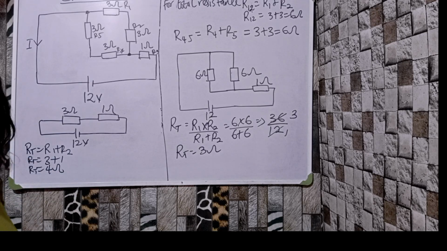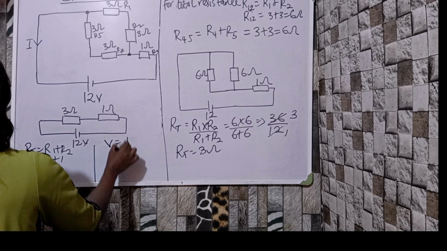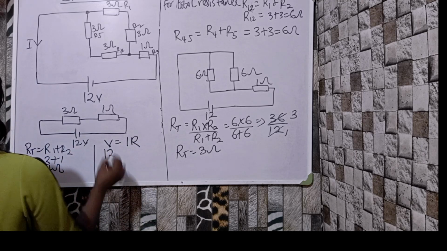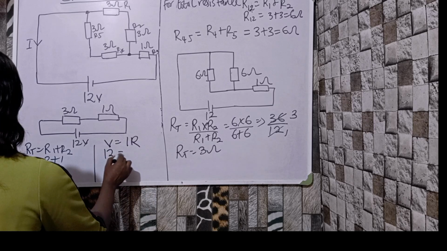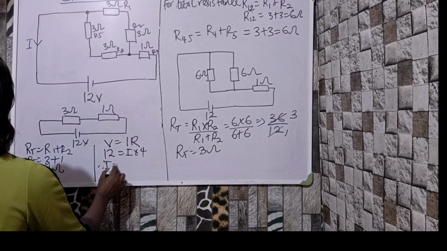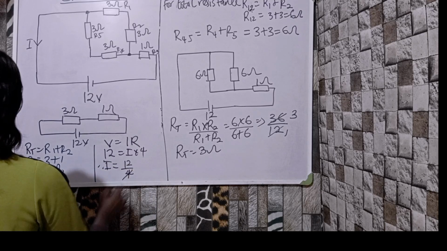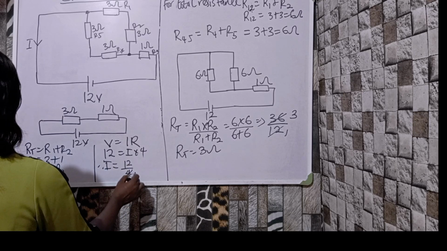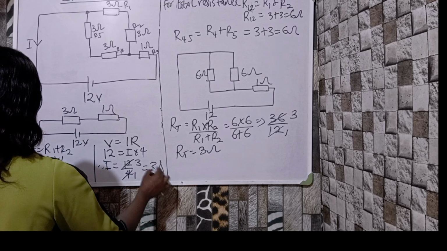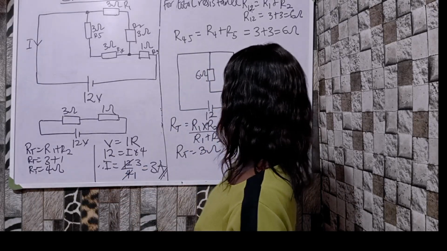Okay, now for us to get the overall current flowing through this circuit, we are going to use Ohm's law. V is equal to I R. So my PD here is 12 volts, then is equal to I times 4. Therefore my current is equal to 12 over 4. 4 into 12, 3. So I'm going to have 3 amperes.